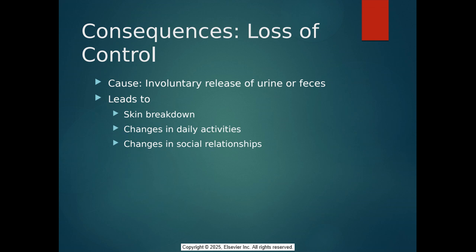I did talk about good peri-skin care being necessary, because loss of urine and or bladder control can cause skin breakdown, pressure ulcers, and excoriation to the peri area. It can affect relationships and affect patients going out and being sociable.